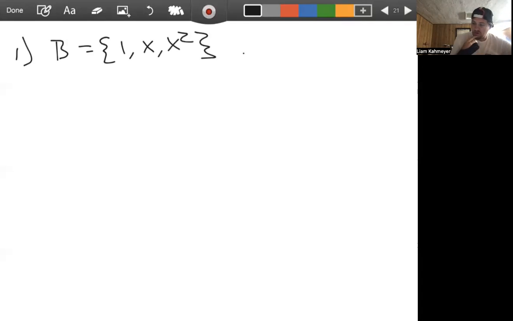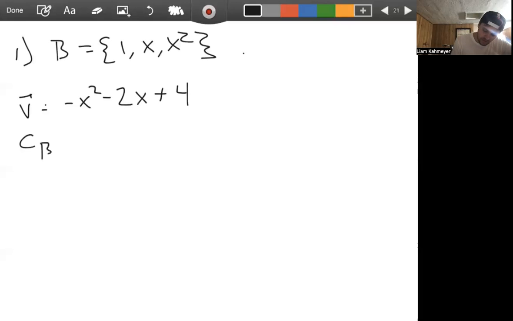Let's start with the basis B given by 1, x, x squared. What do we need to find? We're looking at the vector v given by negative x squared minus 2x plus 4.